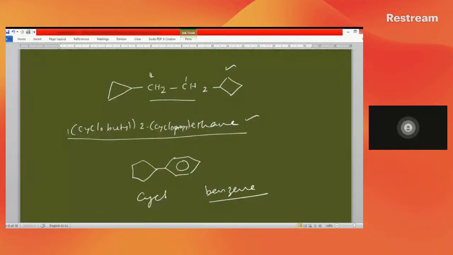What type of cyclo? Cyclopentyl. So we can call it cyclopentylbenzene. So these are a few ideas by which you can give the IUPAC name of aliphatic cyclic structures. Various rules we have discussed so far. Okay, I hope this is a beneficial video for understanding the naming system in the case of aliphatic cyclic compounds. Thanks for watching. Thank you.